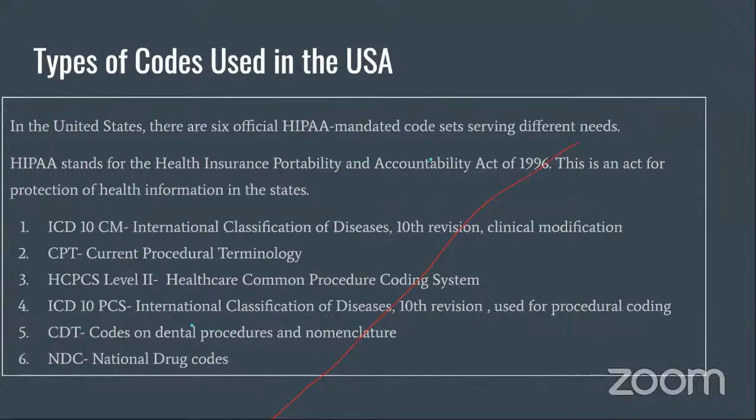Again, it's ICD-10, but it's a procedural coding system. This is used for procedures that are performed in the inpatient setting, that means in the hospital. Next is CDT, codes on dental procedures and nomenclature, so dental codes for dental procedures and dental visits. And the sixth is NDC, National Drug Codes. This is another system that is used for coding of the drugs.